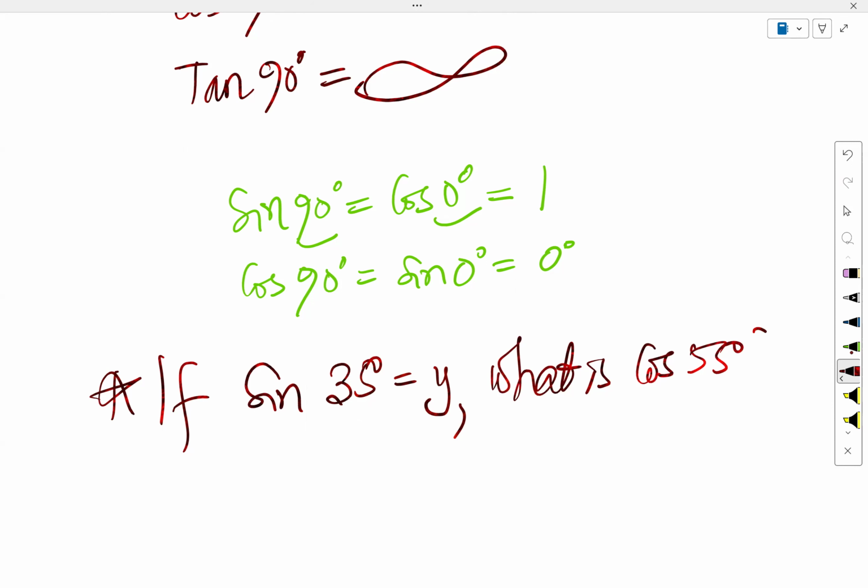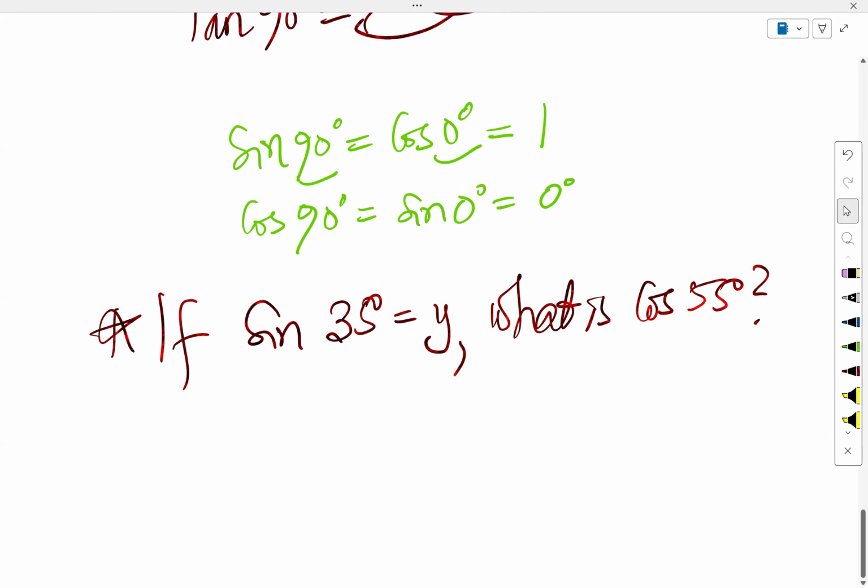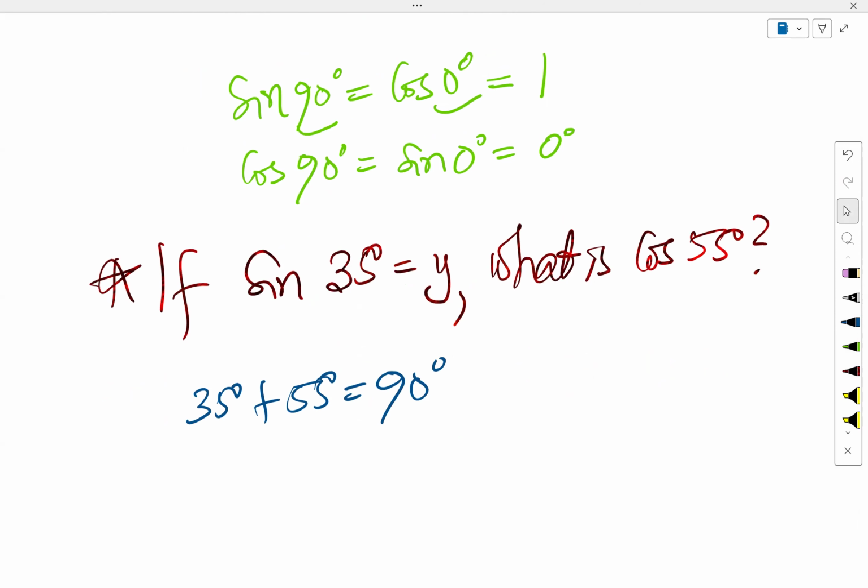What is cos 55 degrees? All you just need to do is to check that 35 degrees plus 55 degrees add up to 90 degrees.